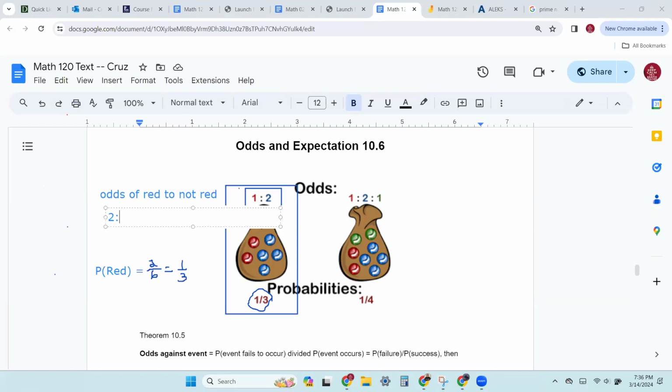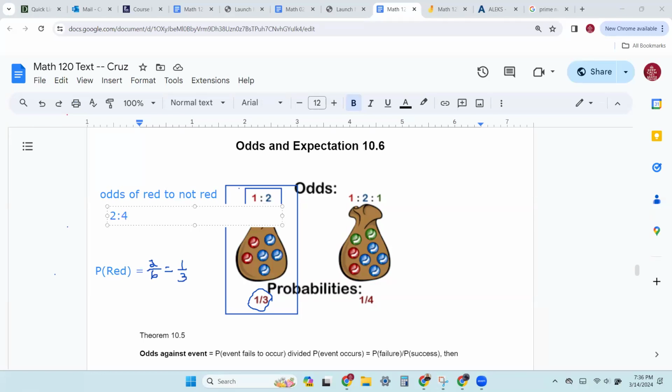We're not talking about the color for the other ones. So there are 2 red and 4 not red. Now, in the same way that we simplify the fraction, where we got the 2/6 simplified to 1/3, if we divide both the 2 and the 4 by 2, we get 1 to 2. So it was 2 to 4.